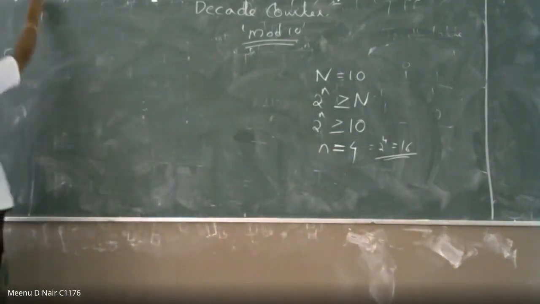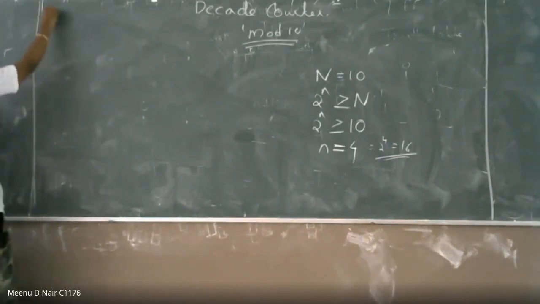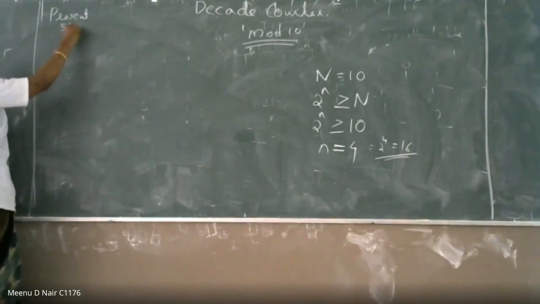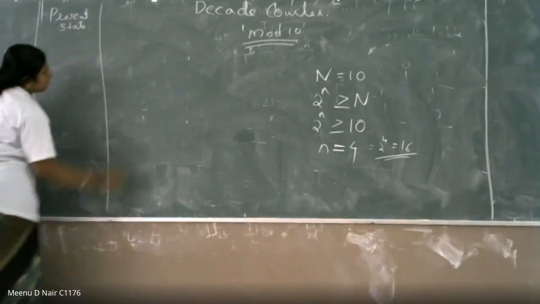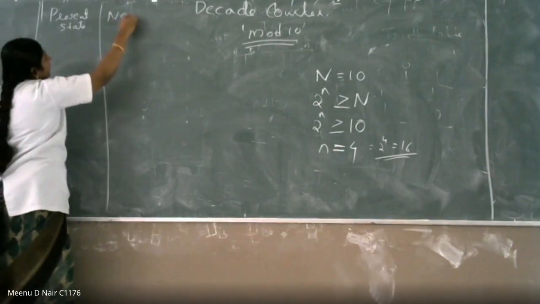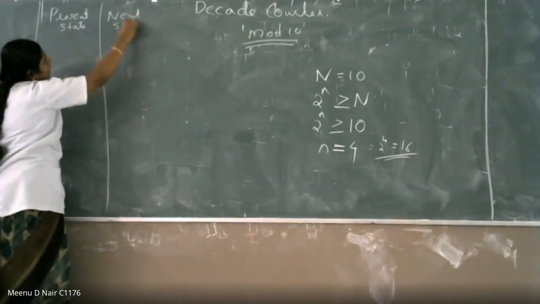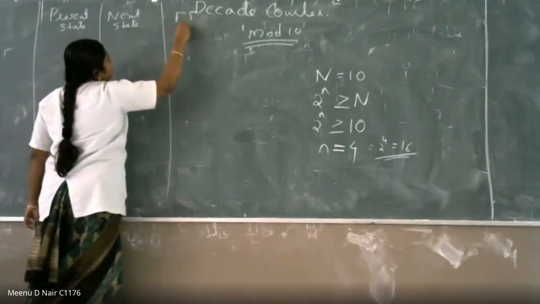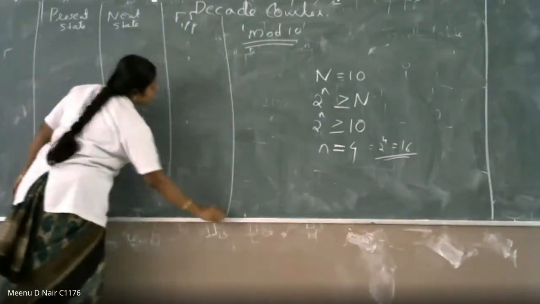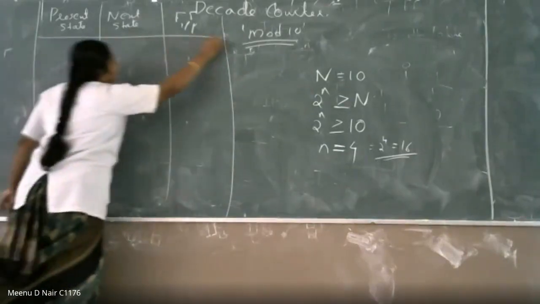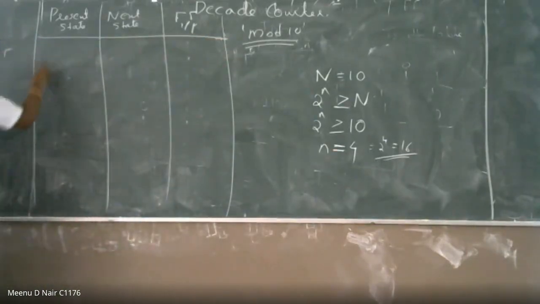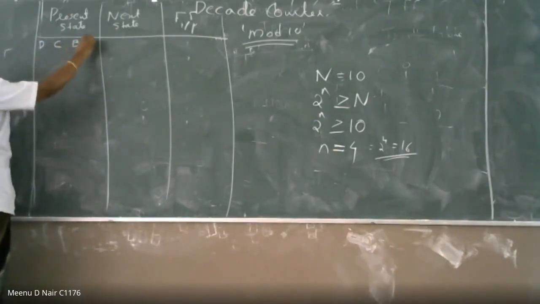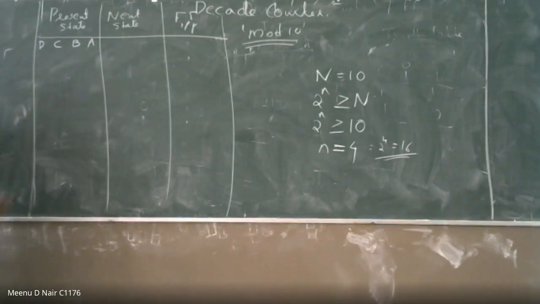So how to write the table here? Present state, next state, then flip-flop inputs. Okay, this is what you are writing. So 4 flip-flops are required, so you can put them as D, C, B, A. These are the 4 flip-flops you are using.